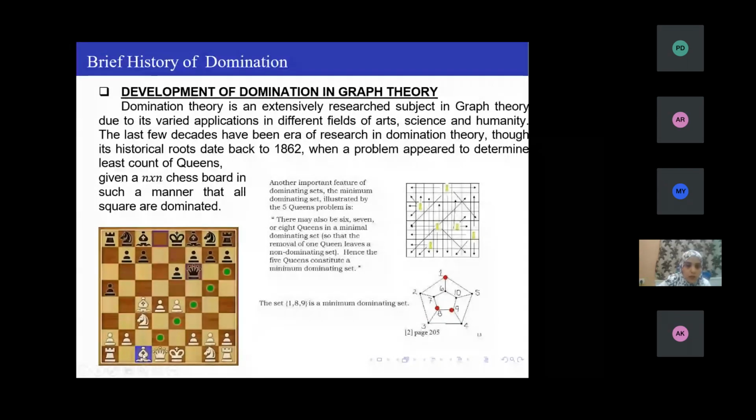If we click on the queen, we can see how many squares it dominates. The same goes for the other pieces, like the camel or king: we can easily make out which part of the chessboard they dominate.